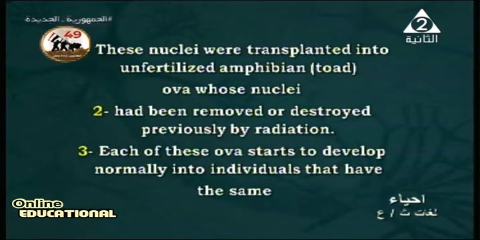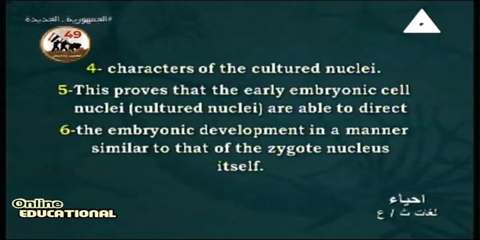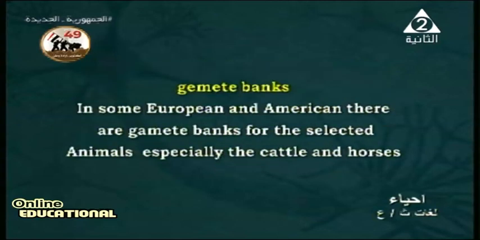Each of these ova started to develop normally into a new individual with the same characteristics as the cultured nuclei. This proves that the early embryonic cells or cultured nuclei are able to direct embryonic development in a manner similar to that of the zygote nucleus. This occurs only in the frog and some amphibians, not in humans.